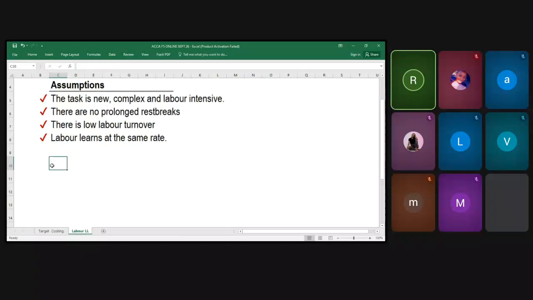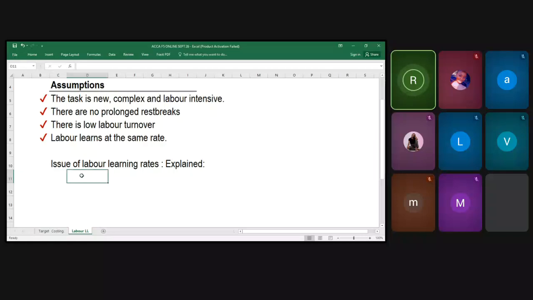Now, let me explain the issue of labor learning rates before we look at the theories. I'm going to have three scenarios.